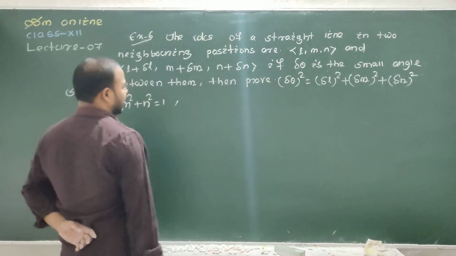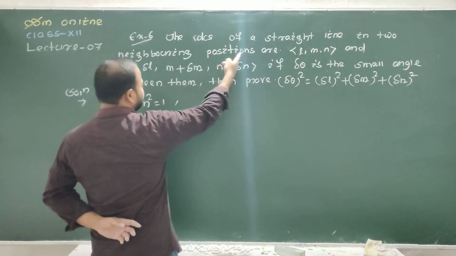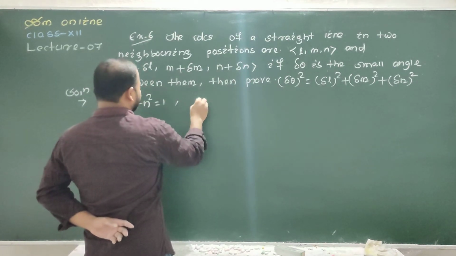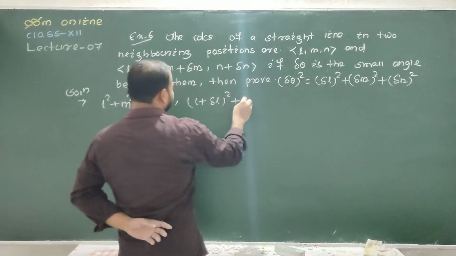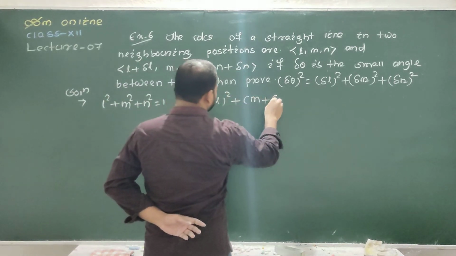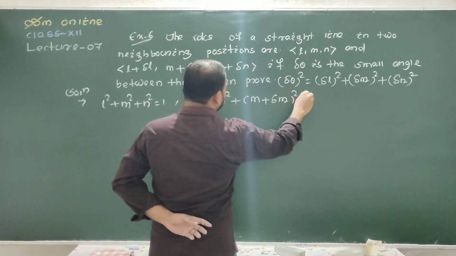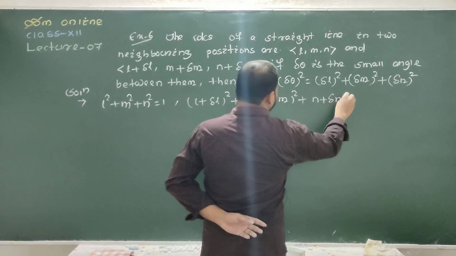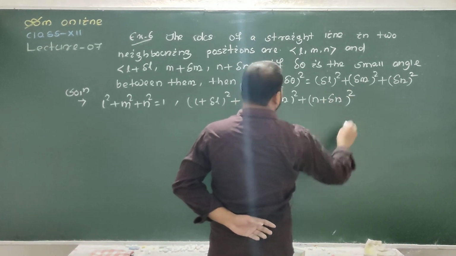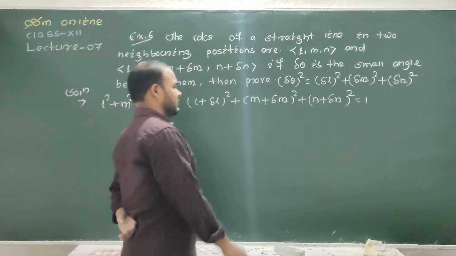And again, this is also the DCS of the second line, so this is L plus del L whole square plus M plus del M whole square plus N plus del N whole square equal to 1.